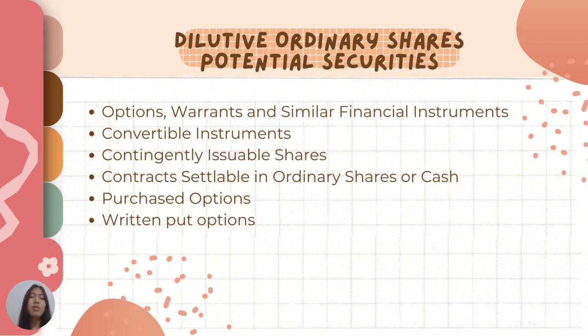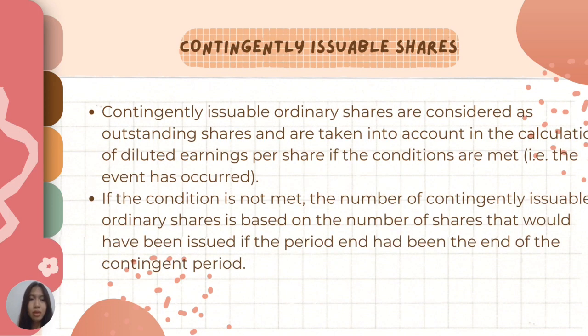And we have dilutive potential ordinary shares: options, warrants, and similar financial instruments, convertible instruments, contingently issuable shares, contracts settleable in ordinary shares or cash, purchased options, and written put options.